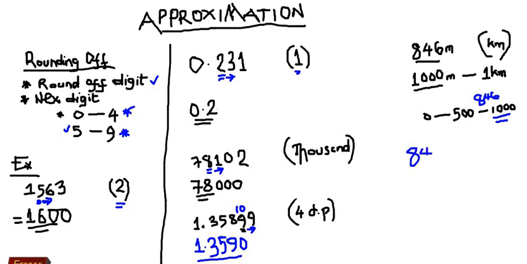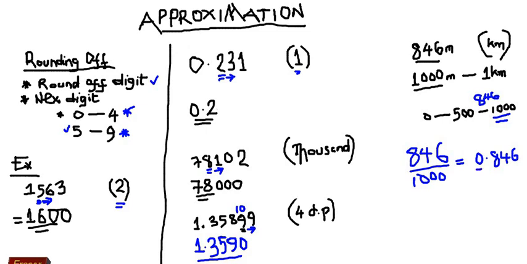The other way of interpreting this is to express 846 as a fraction of 1000, which can be converted to a decimal, 0.846. So the 0.846, those are meters.